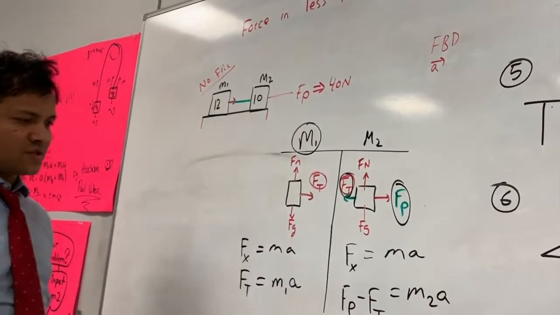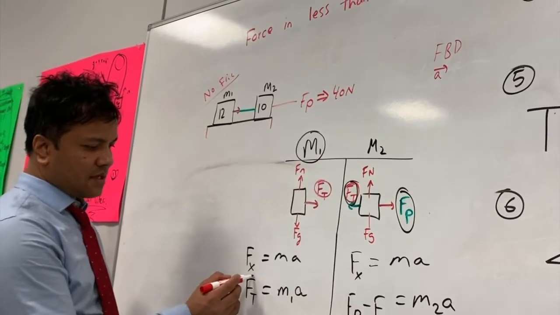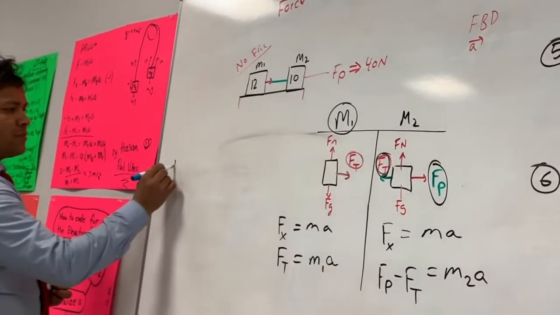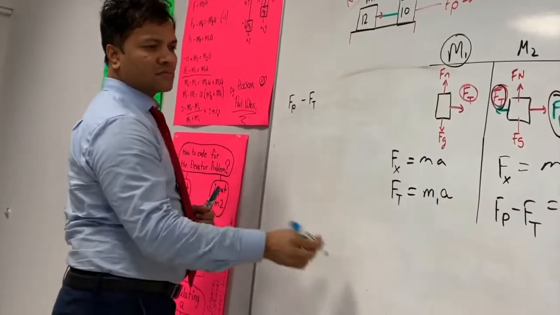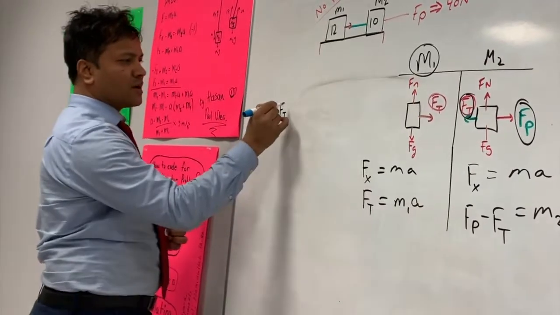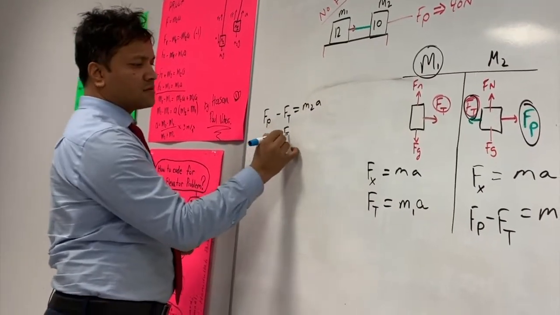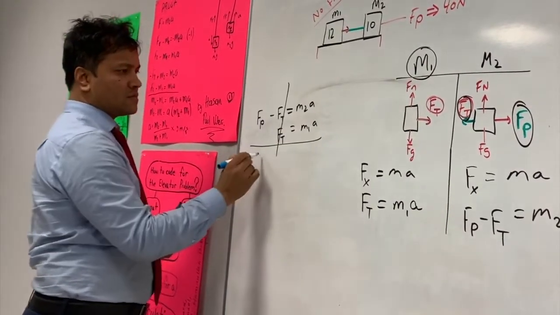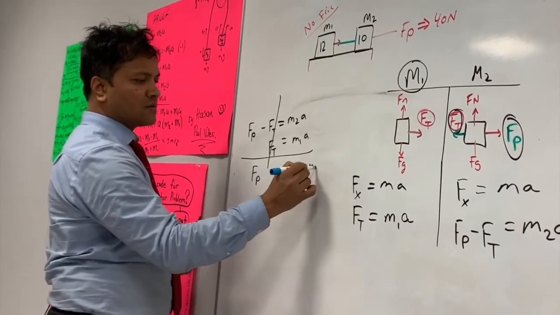Okay, so I have two equations. Now I have a system of equations. Let's put them on top of each other. Fp minus Ft is equal to m2a. And now I have Ft is equal to m1a. Cancel. So Fp is equal to m1a plus m2a.